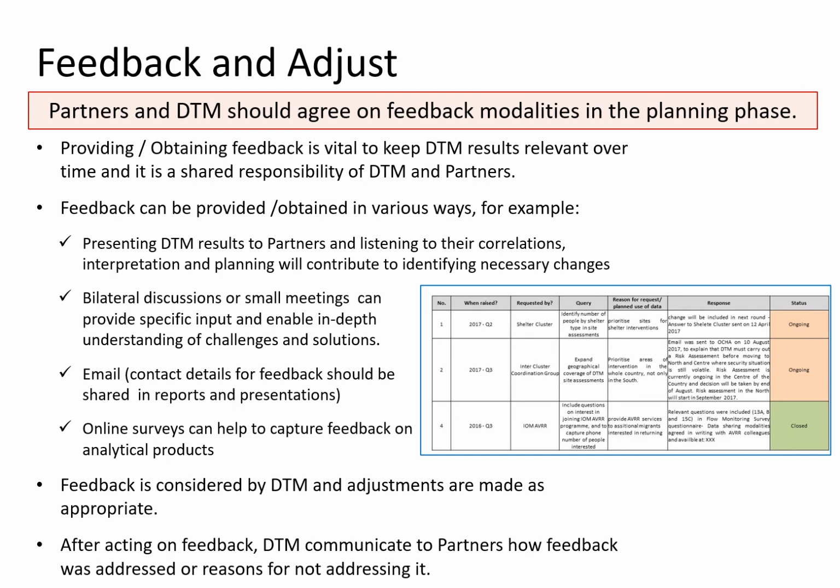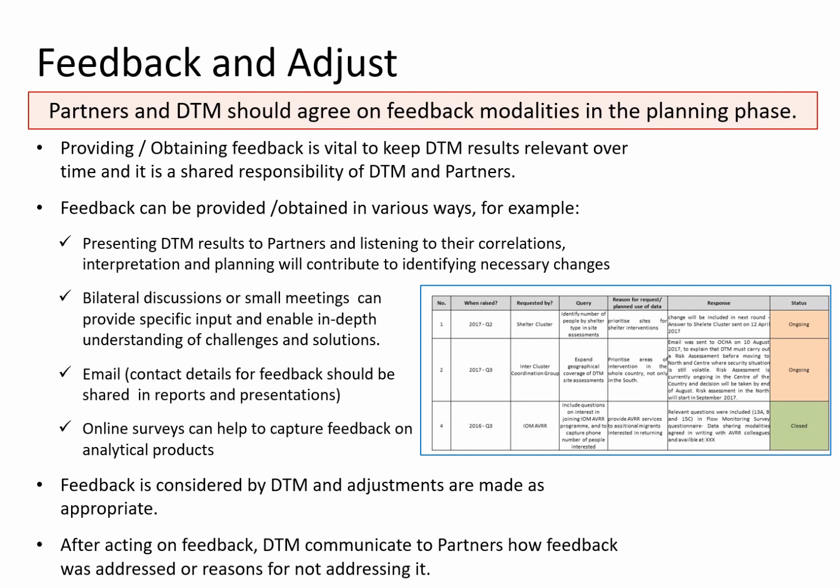Feedback can be provided in various ways. For example, presenting DTM results to partners and listening to the partners discuss and interpret will contribute to identifying necessary changes in the questionnaires and the approach. Bilateral discussions or small meetings can provide specific inputs and enable a more in-depth understanding of the challenges and even the solutions.